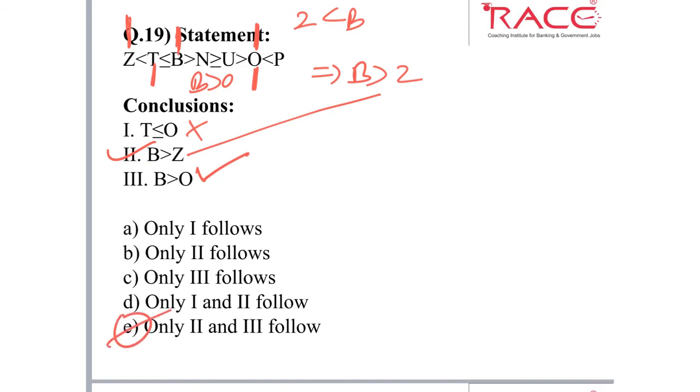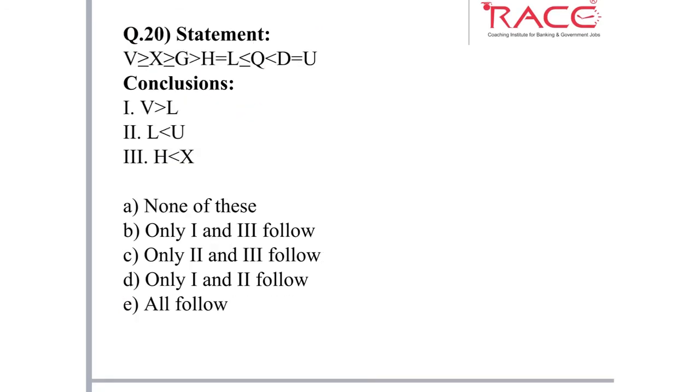Now move on to the next question. Next is V and L. Here we have V, here we have L. Just see any opposite sign, no. And we can see there is one highest priority, so it will be V greater than L. First follows. Next L and U. Between L and U, all signs belong to the same family, so the conclusion is L less than U. That is given, so this follows.